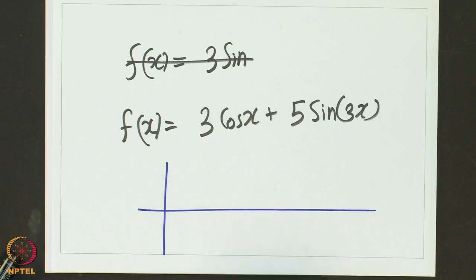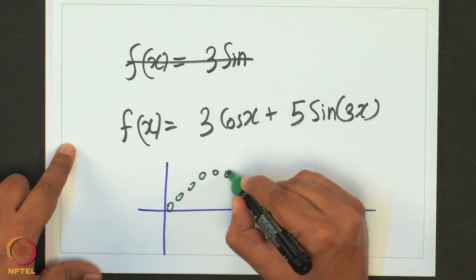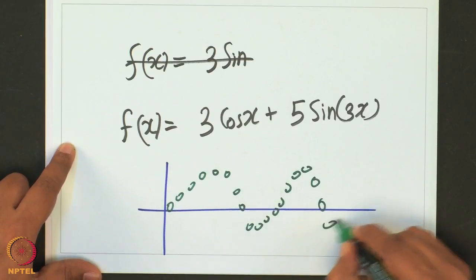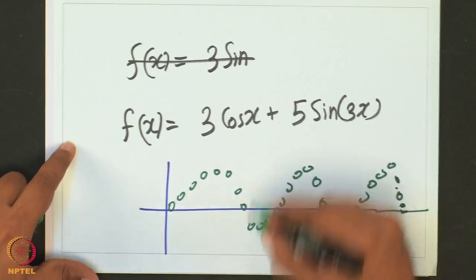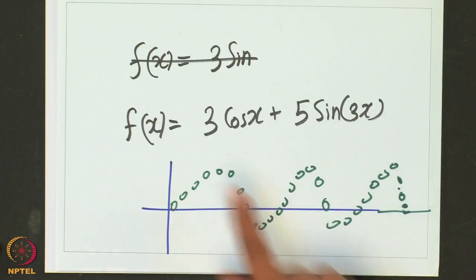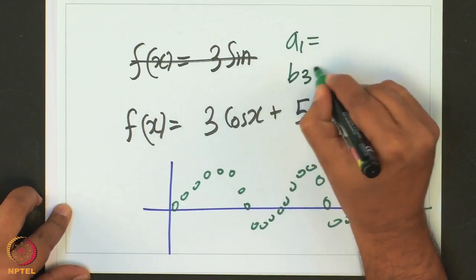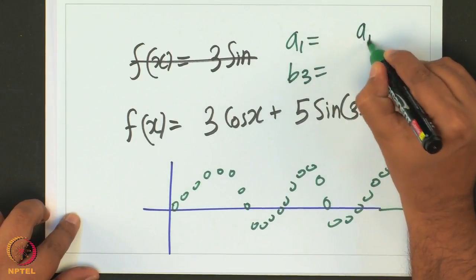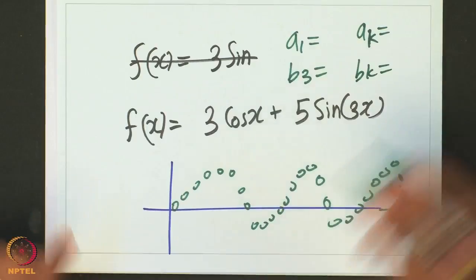If I want to specify this as data, I would need various numbers which vary in various ways. Let us say I have some data like this. I have to specify a lot of data points to describe this. Instead of specifying all these data points, I could just specify some numbers like A1, B3, or some Ak, whatever k could be, and some bk.